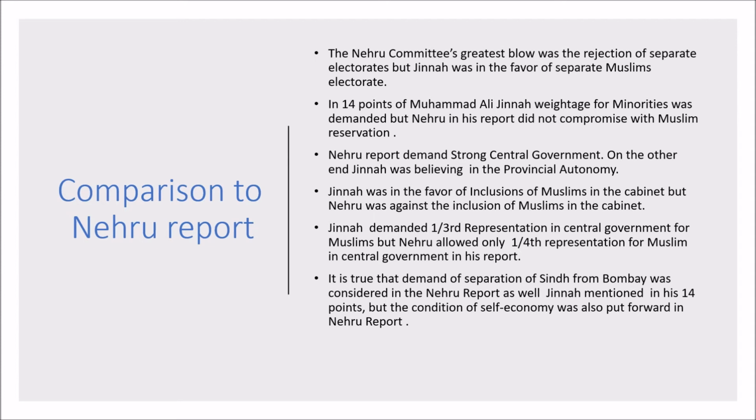And number 6 was that there was a demand for separation of Sindh from Bombay in the Nehru report as well as Jinnah's 14 points, but they differed in the sense that Nehru's report had put in a condition of self-sufficiency for Sindh to be separated from Bombay, while Jinnah did not mention any such clause.